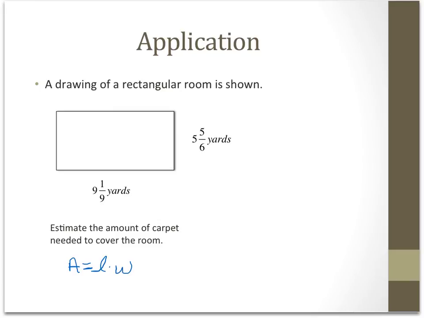So looking at this, I'm just going to simply do some rounding and come up with a quick answer. 9 1/9 is going to round down to 9. So area is equal to length times width. So then my length is going to be about 9, and my width here, 5 5/6, I'm going to round that up to 6, because 5/6 is close to 1, so 5 plus 1 more is 6.